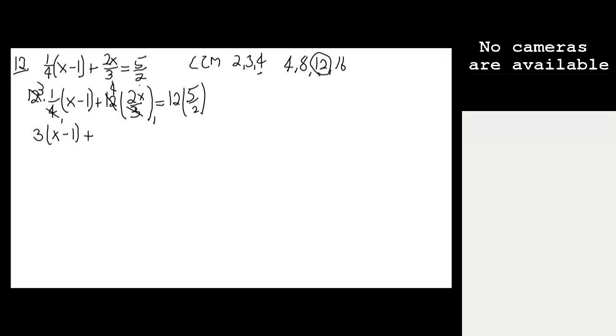Let me just write it out again. We're going to have 5y squared plus 24y plus 28 is equal to 0.